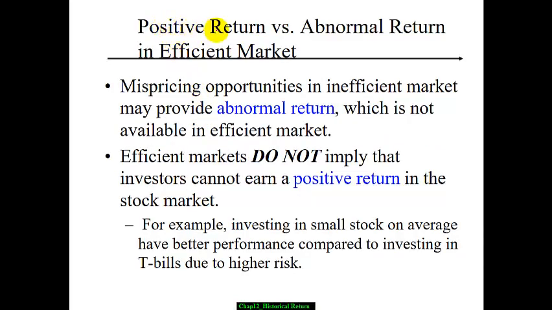I want to clarify: if the market is not very efficient, you may have abnormal returns. However, it does not mean you cannot earn positive returns in an efficient market, right? For example, if you invest in small stocks, they are riskier. On average, they give you higher average returns.